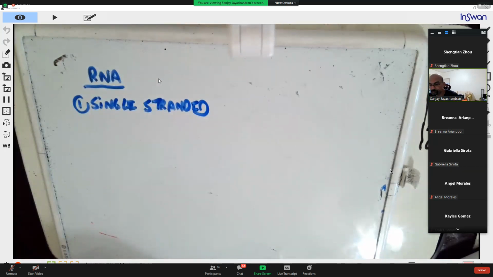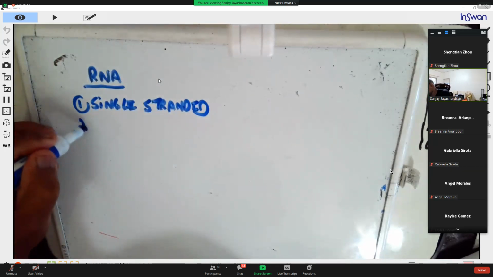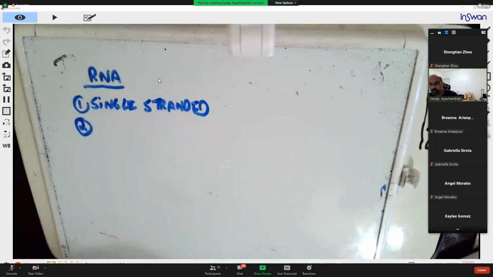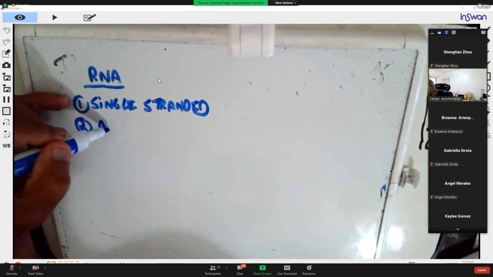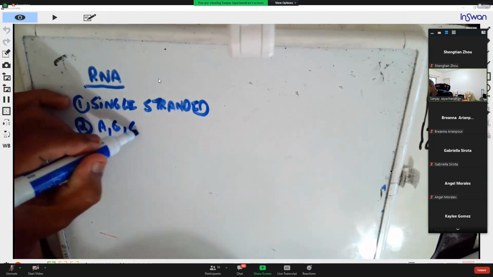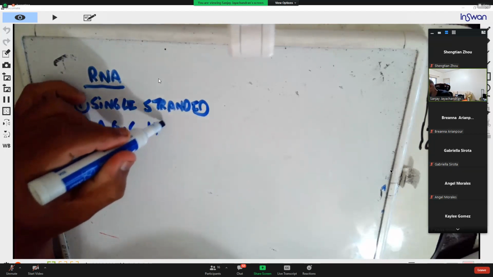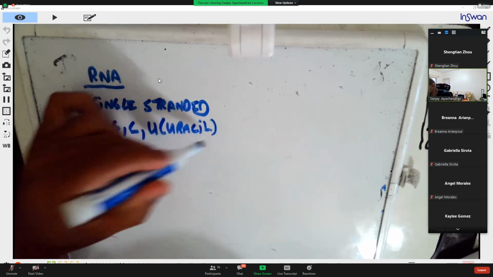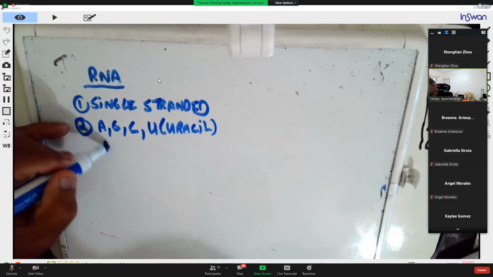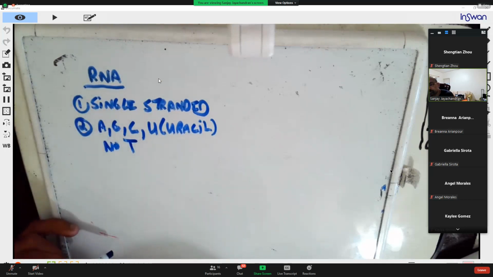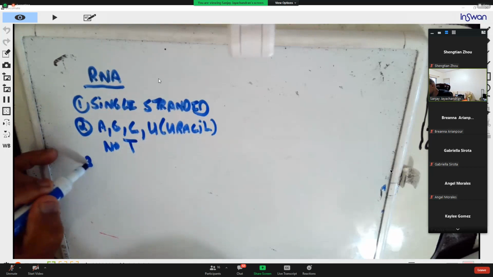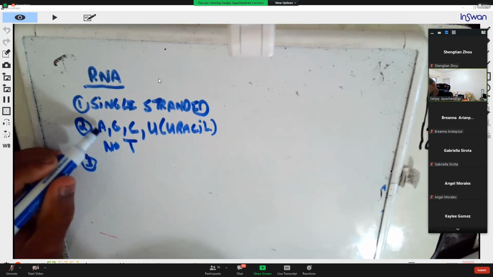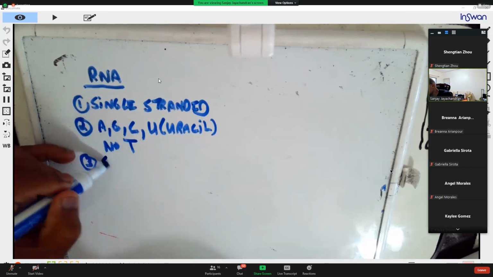Two, it has the nucleotides A, G, C, and U, where U stands for the nucleotide uracil. There's no T like in DNA, there's a U instead. And three, the sugar associated with these nucleotides is different.